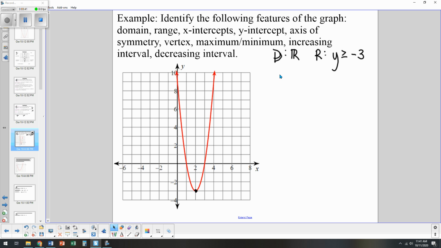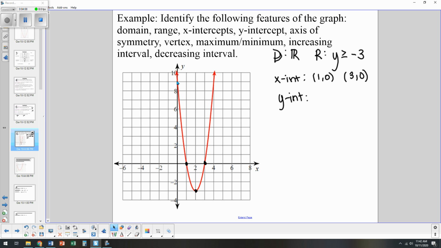Right? The x-intercepts are the places where it crosses the x-axis. So I see my graph crosses the x-axis here, and it crosses the x-axis here. So we have one intercept at 1, 0, and we have another x-intercept at 3, 0. The y-intercept is where it crosses the y-axis.